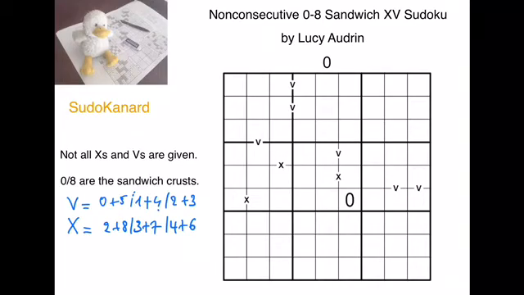Now, what do we have? Actually 2 plus 3 is not possible because of the non-consecutive constraints. So those digits are those ones.